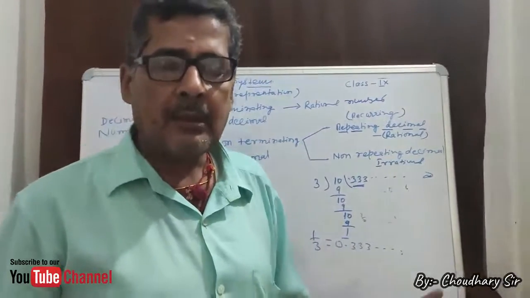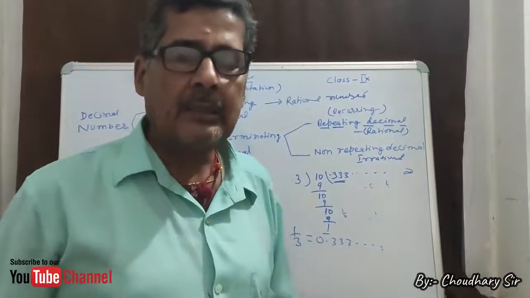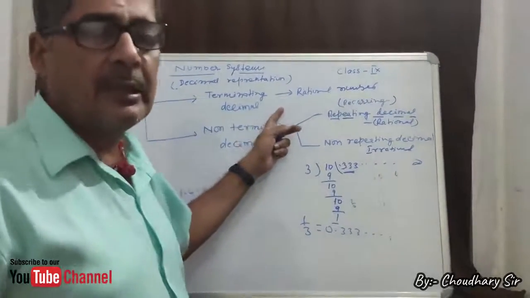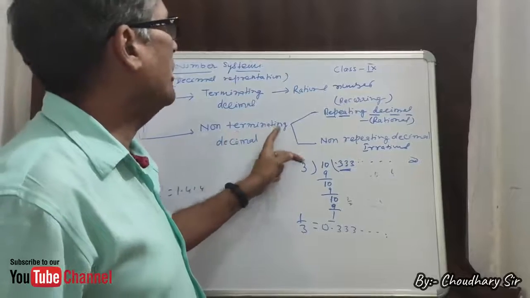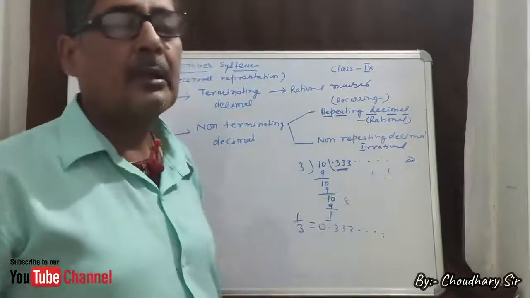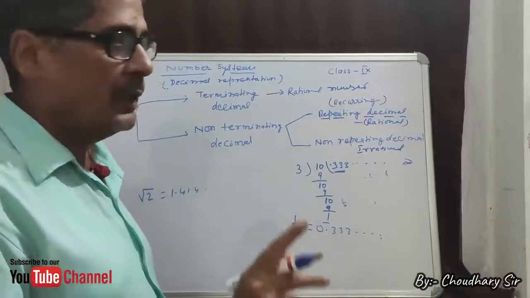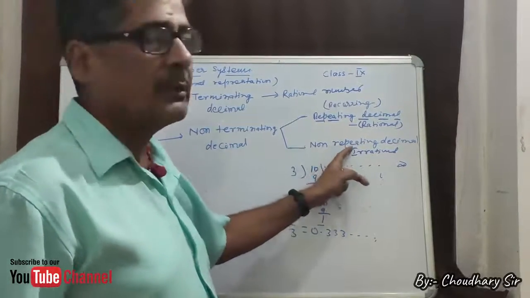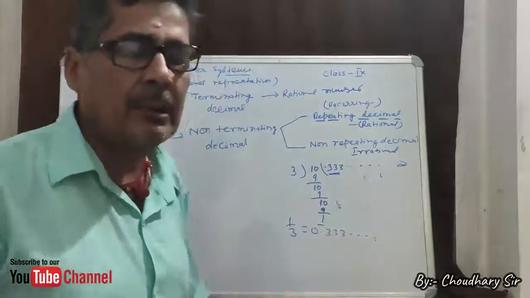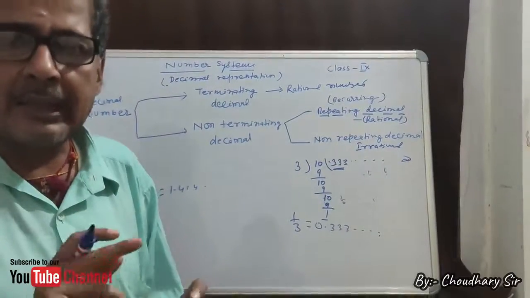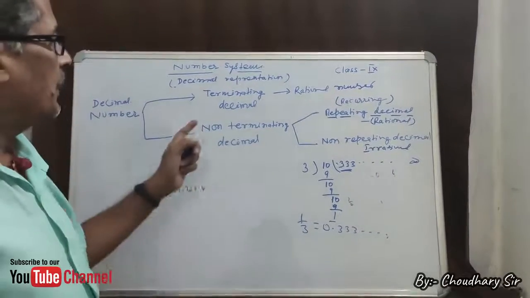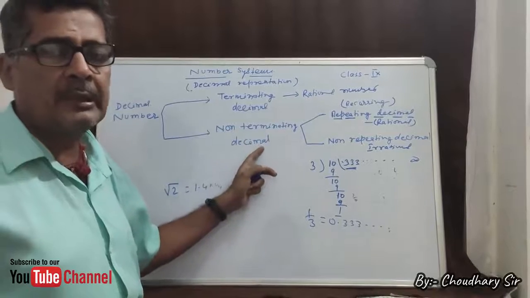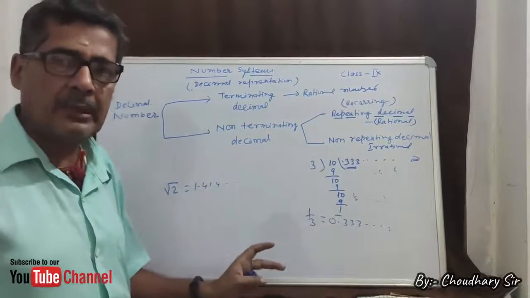A terminating decimal number is rational, or a non-terminating but repeating number is also rational. Only one type of number, that is non-terminating, non-repeating decimal number, is called irrational. It is clear what type of decimal representation of a number is rational, and what type of decimal representation is irrational.